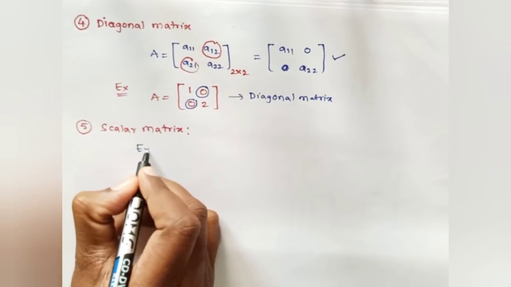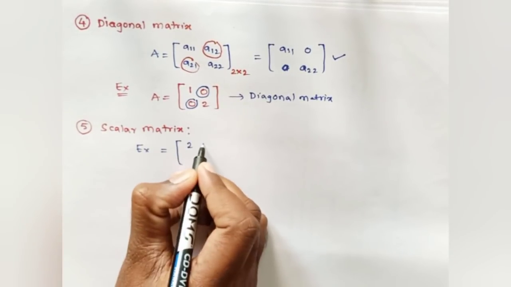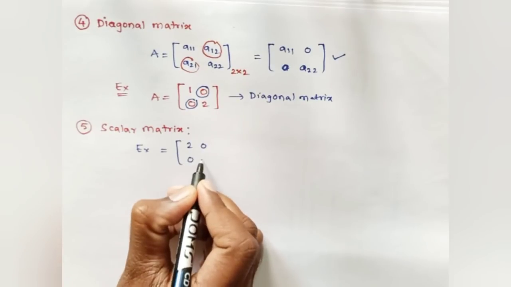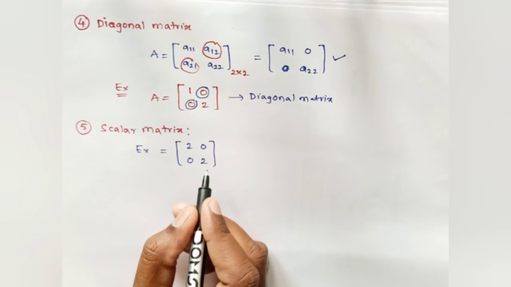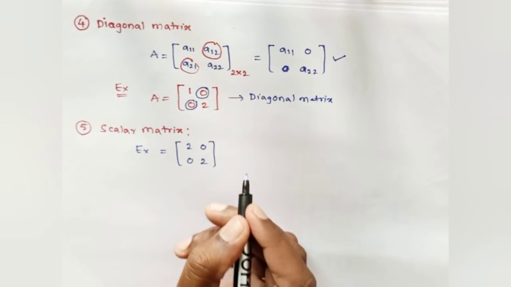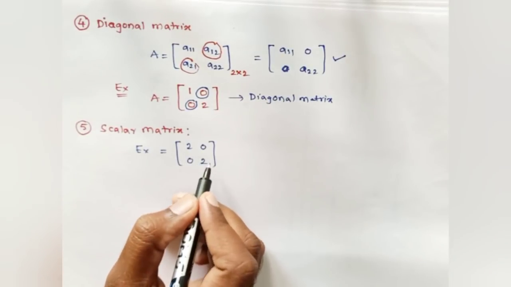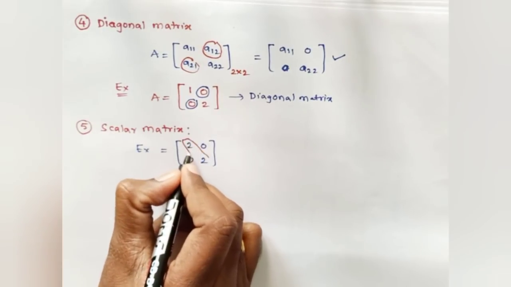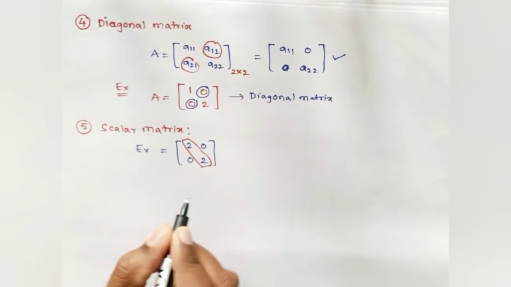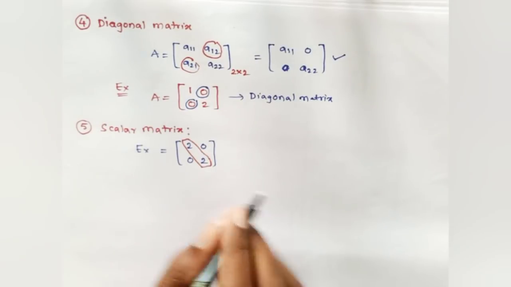For example, 2, 0, 0 and 2. In the definition, a diagonal matrix is said to be a scalar matrix if all diagonal elements are equal. Here in this principal diagonal, the elements are 2 and 2. So therefore it is a scalar matrix.